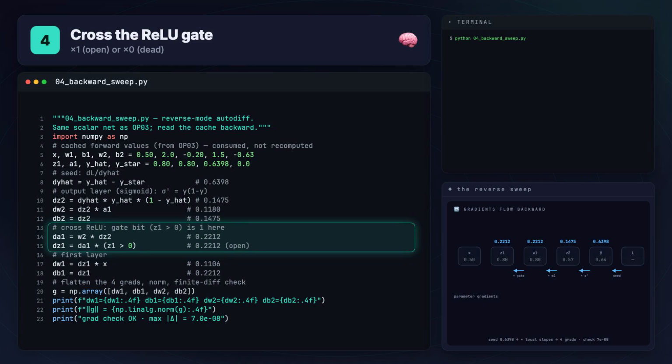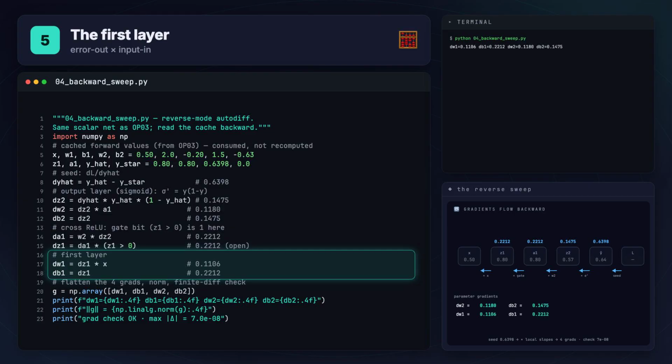It's the line that, generalized to many layers, either preserves or destroys learning. The first layer: dW1 is dz1 times x, and db1 is dz1. Error out times input in for the weight. The bias input is implicitly 1, so db1 is dz1 copied through. Same 2 rules as the output layer, 1 layer earlier.